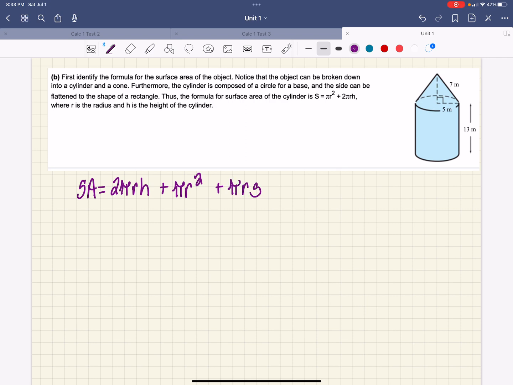Okay? Pi r times the slant. So r is our radius, s is the slant, and h is the height. And I think we have all that. So the surface area of this figure is going to be 2 pi, our r is 5, and our h is 13. Let me make sure I did that right.